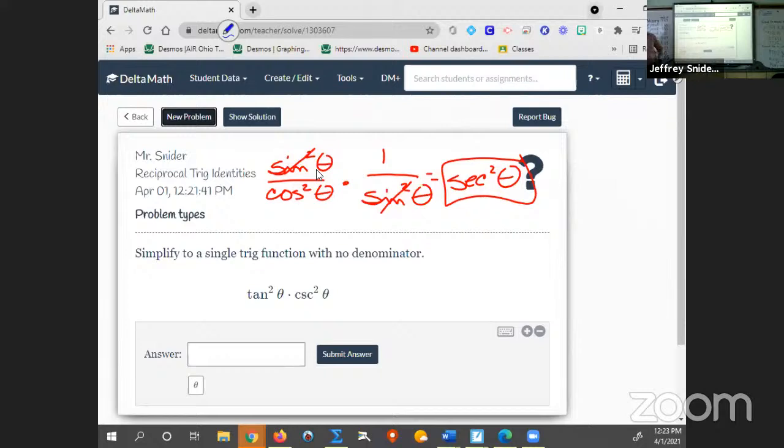Okay. What identities did I give you that had squares in them? The Pythagorean identities. Hey, check this. Watch this. I'm going to do it like this. I'm going to say tangent squared theta times, what is cosecant squared theta equal to? What's that? 1 plus cotangent squared theta.